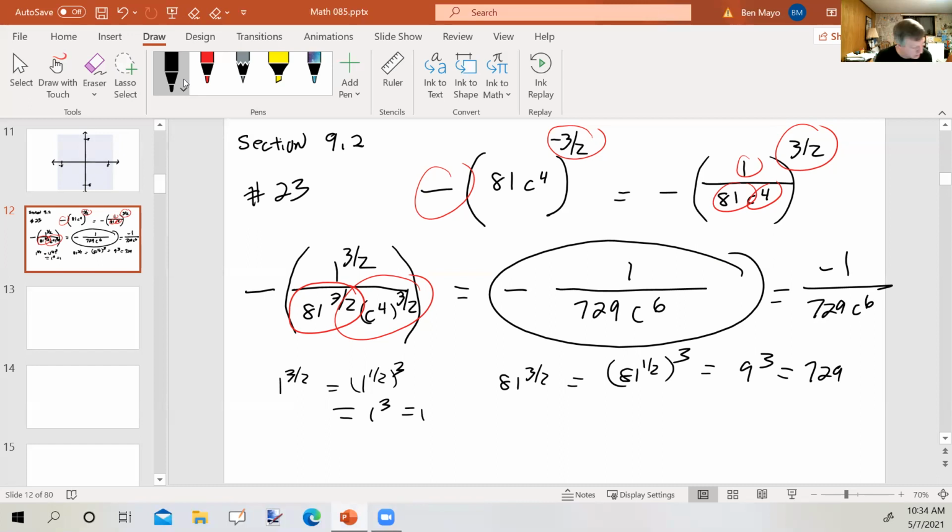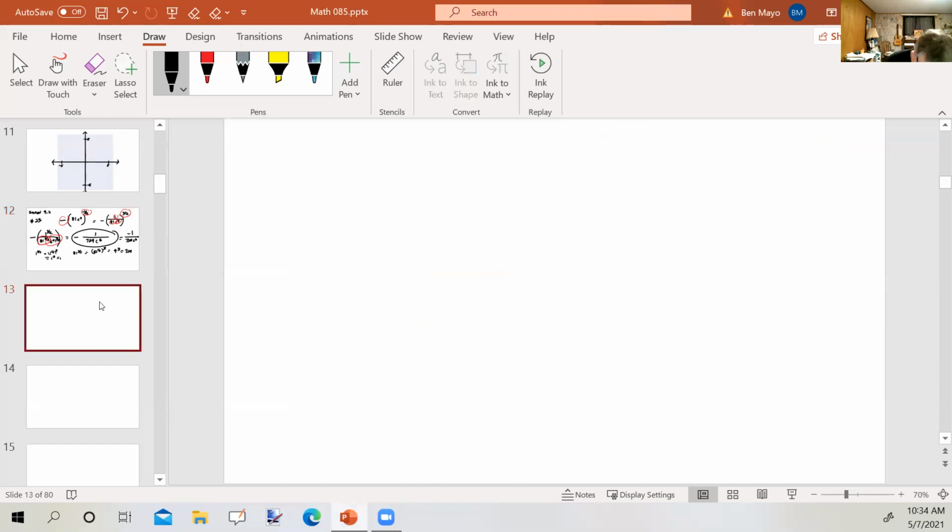Okay, so now we're going to go on to section 9.5, which is solving radical equations. So let's say we've got the following equation.